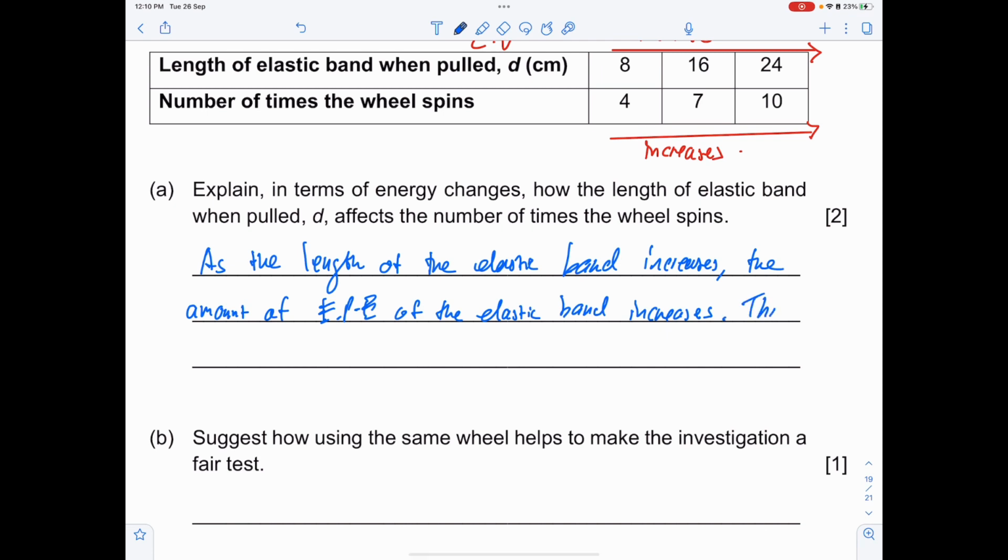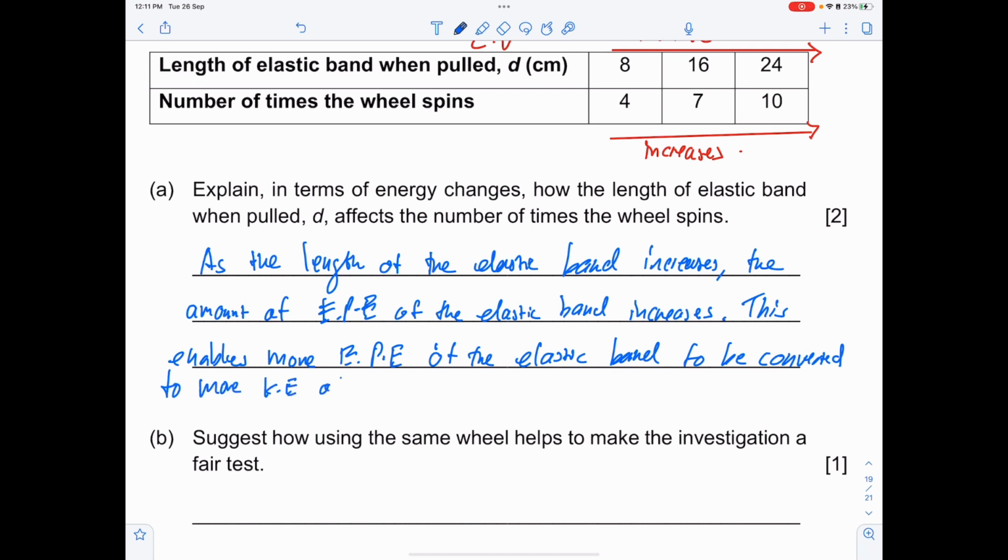This enables more EPE of the elastic band to be converted to more KE, kinetic energy of the wheel. Hence, increasing the number of wheel spins.